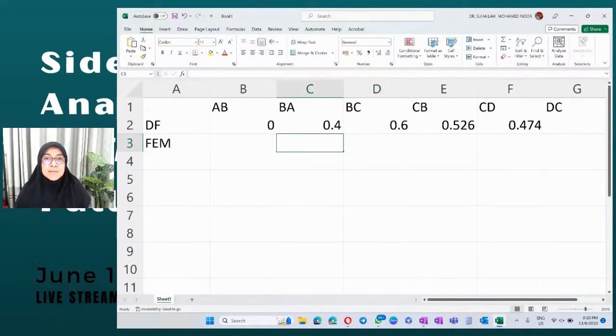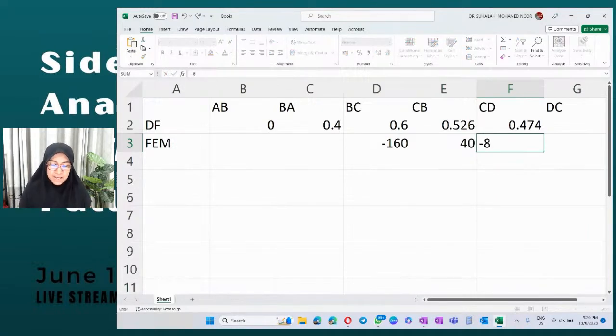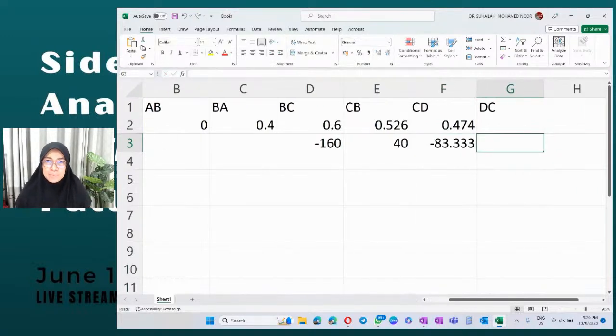At BC, negative 160 and 40, and then negative 83.333, and for DC we get positive 83.333.